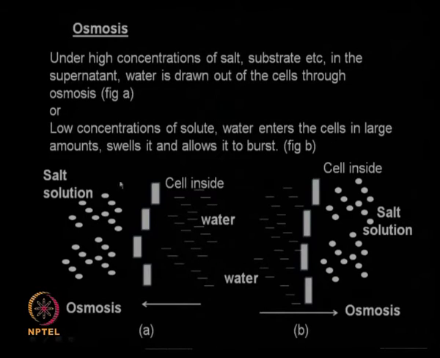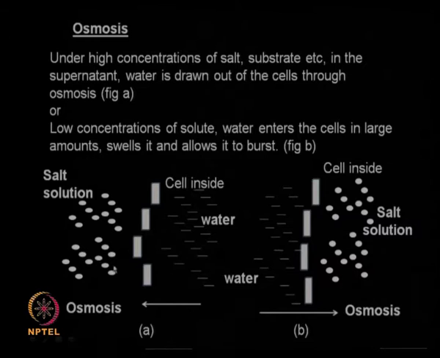Okay, so this sort of pictorially tells you how the concept of osmotic pressure works. So outside you have a salt solution and inside you have water, correct. So the vapor pressure here is much higher than this because you have added salt, the vapor pressure decreases.